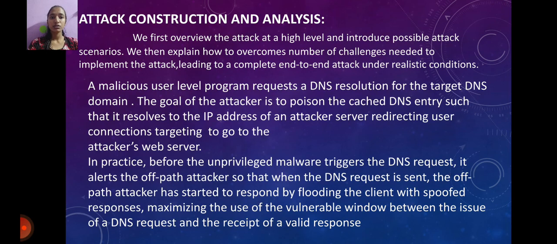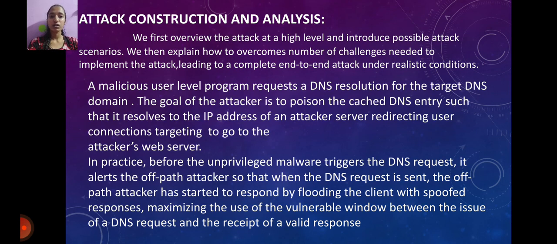A malicious user-level program requests a DNS resolution for the target domain. The goal of the attacker is to poison the cached DNS entry such that it resolves to the IP address of the attacker's server, redirecting users' connections to the attacker's web servers.